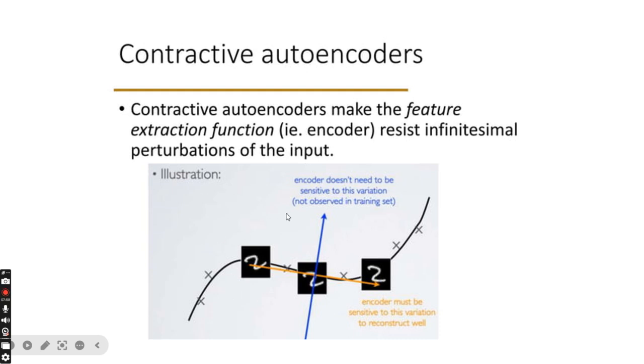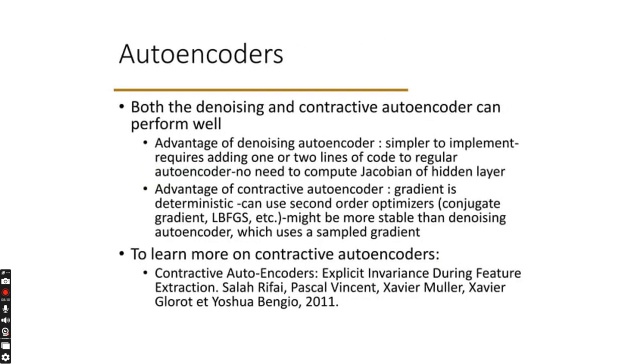See the image and understand how feature extraction is done in the contractive encoder. Both the denoising and contractive autoencoders perform well compared to basic and sparse autoencoders.